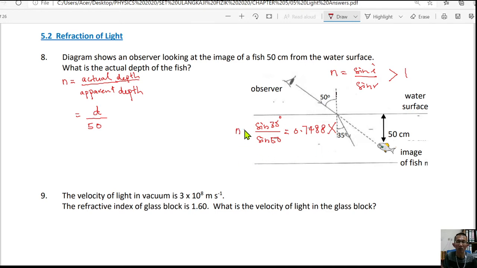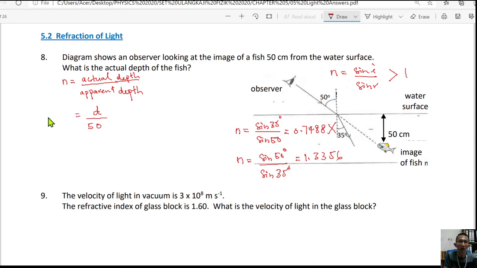So here is my refractive index. n must be sine of 50 degree divided by sine of 35 degree. Here you will get 1.3356. I substitute this value into this equation here.